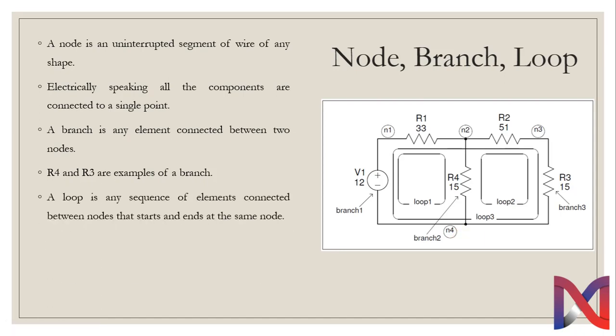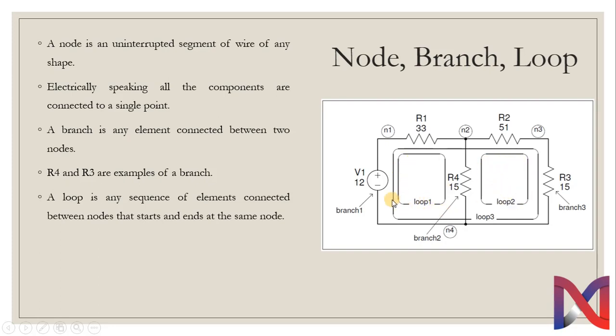A loop is any sequence of elements connected between nodes that starts and ends at the same node. Here we have two sub loops and one main loop. There are a total of 3 loops. If we consider the whole circuit, this is the main loop, while if we consider this branch as well, then we have two loops which are loop 1 and loop 2.